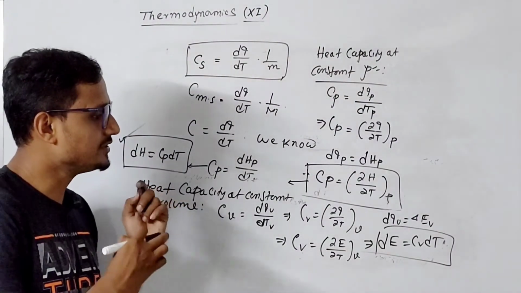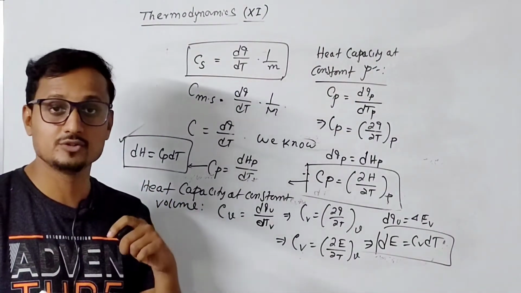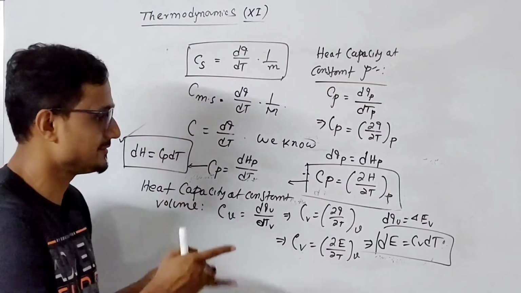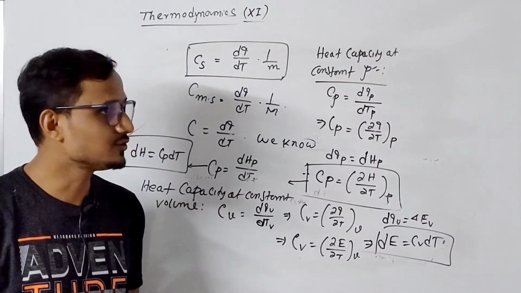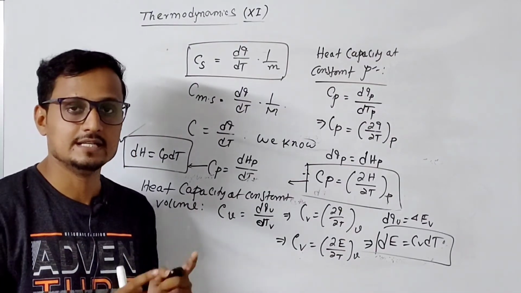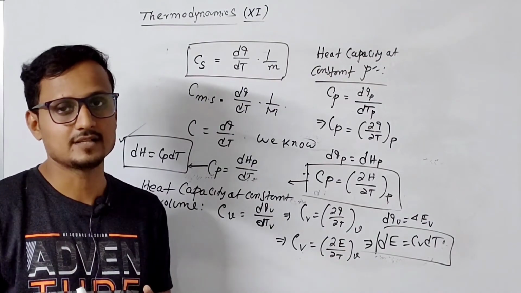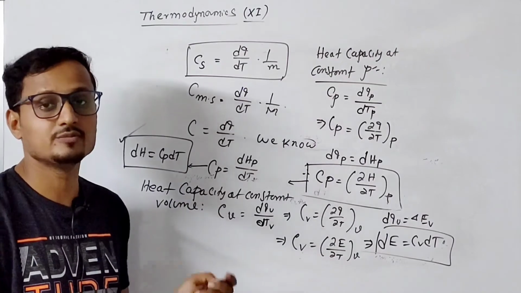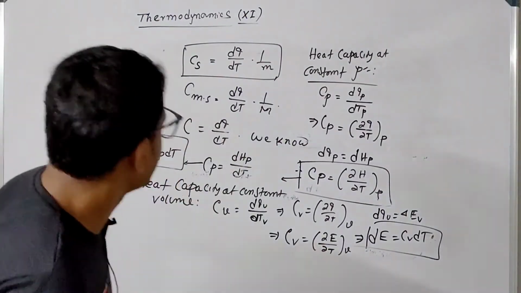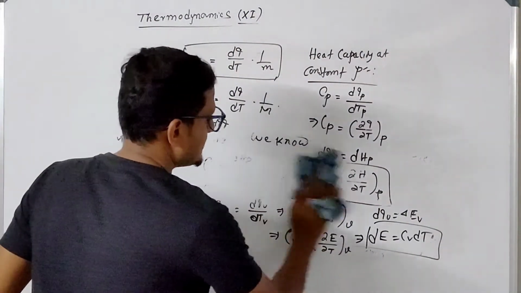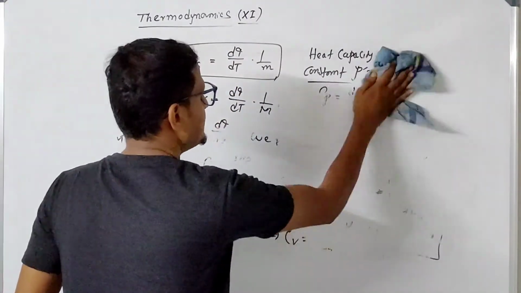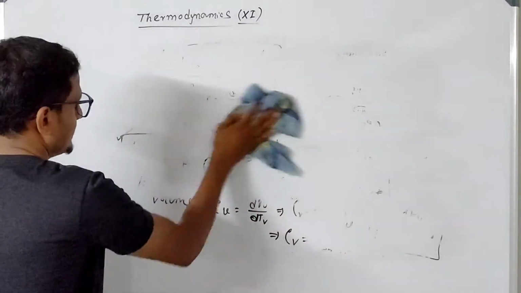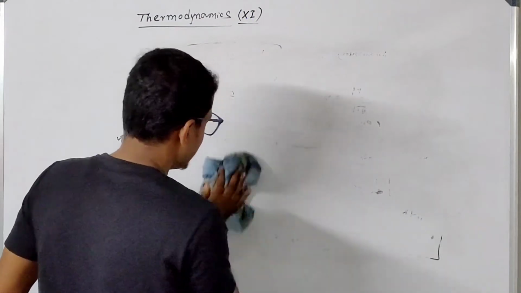Now we are going to establish the relation between Cp and Cv, and also the relation dH equals dE plus del n RT. Those will be very important. We are going to prove this one. So proof of del H equals del E plus del n RT.